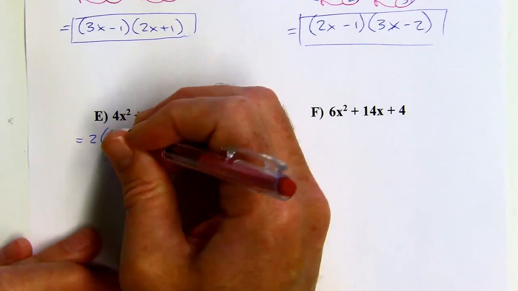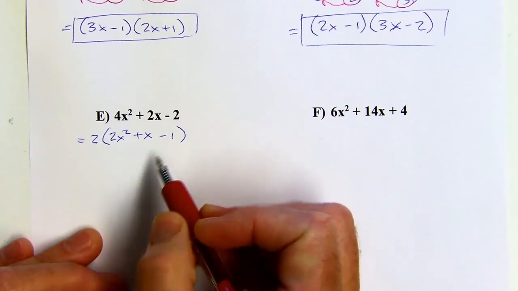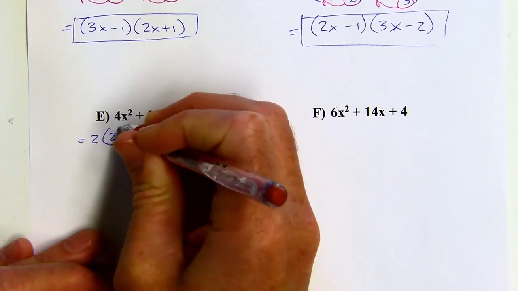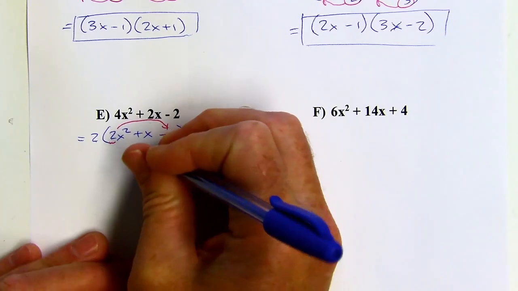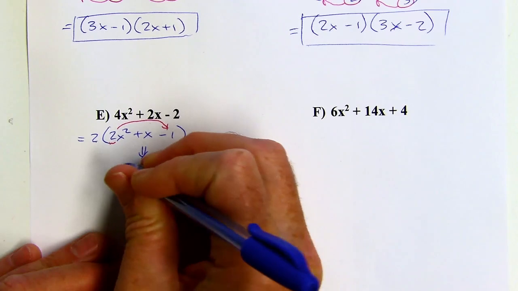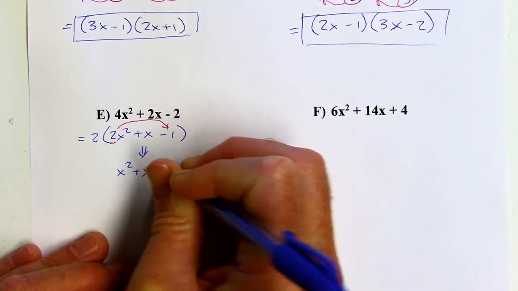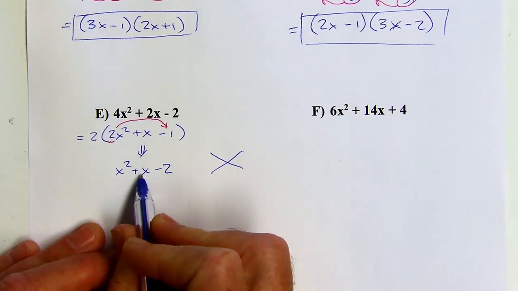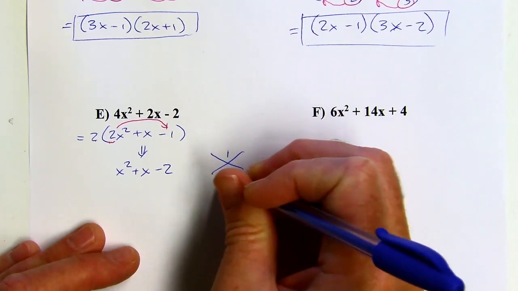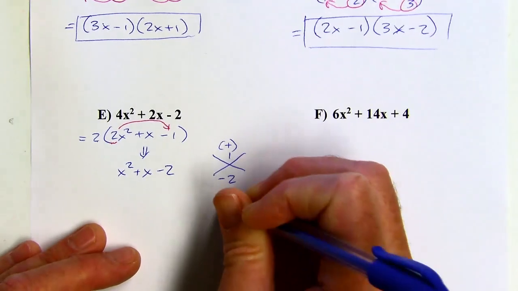So now what I'm going to do with this trinomial, I've still got the 2 to deal with. So now I'm going to do a modified diamond problem with this trinomial, okay? So that's going to give me x squared plus x minus 2 once I modify it, okay? And then I've got a 1 in front of the x there and a negative 2 down here, okay?